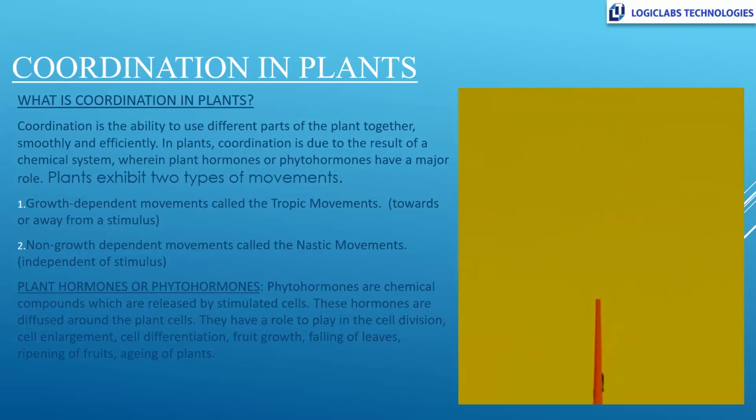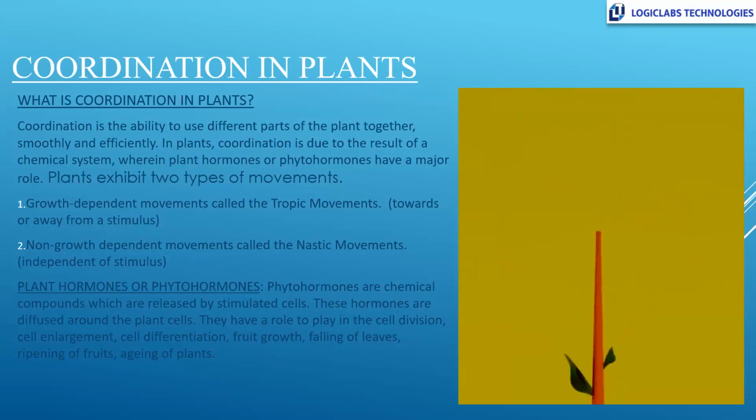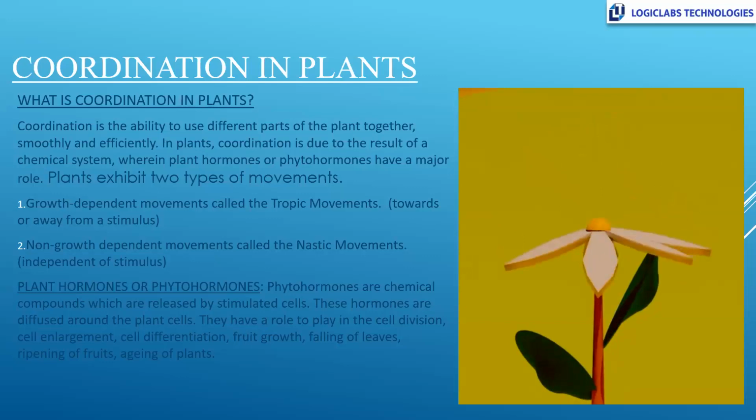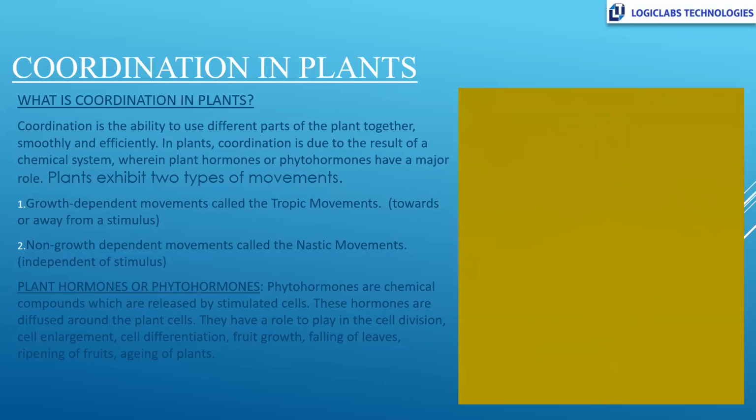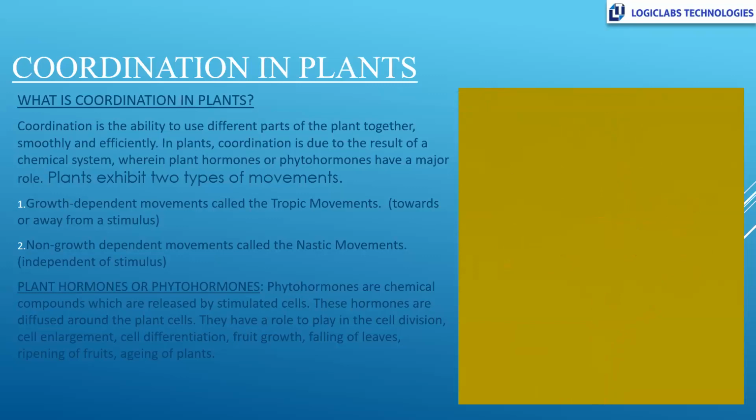So these are the different changes, and also environment plays a very major role for coordination in plants, like light. Or we have gravity, which helps in the movement of the plant or growth of the plant. Air.